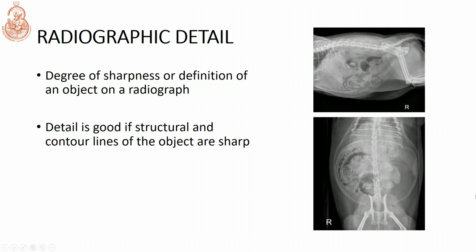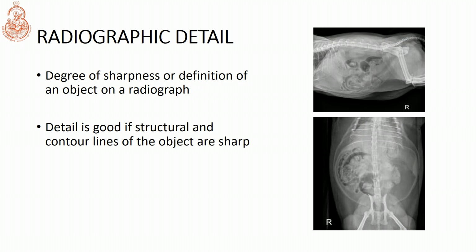What do you mean by radiographic detail? It is nothing but the degree of sharpness or the definition of an object on a radiograph. Detail is good if structural and contour lines of the objects are sharp. If you can see here on the radiograph, we are able to define the outline of the bones very clearly.